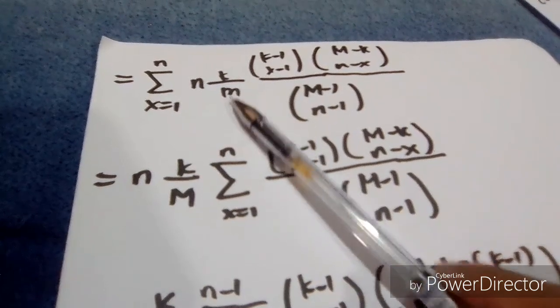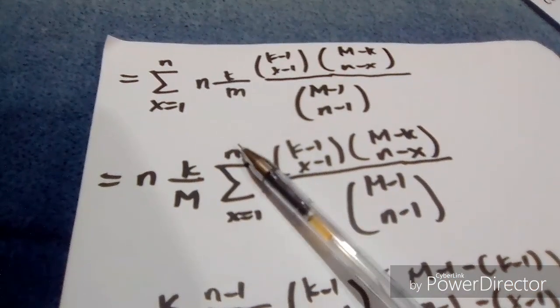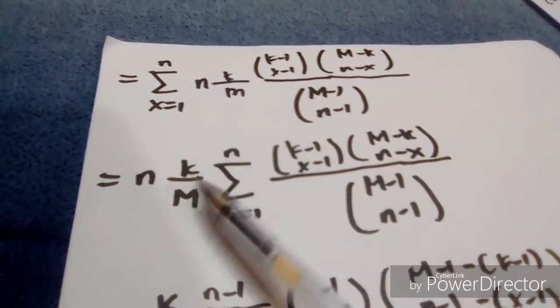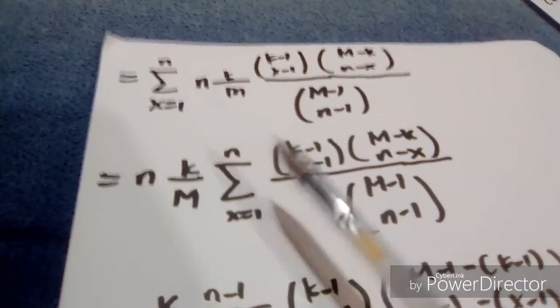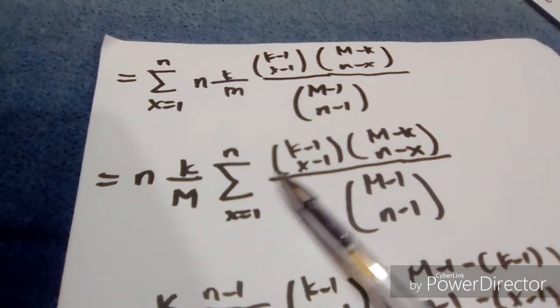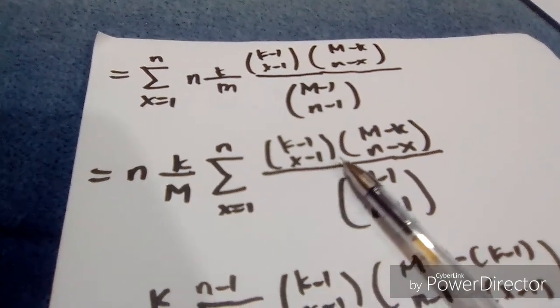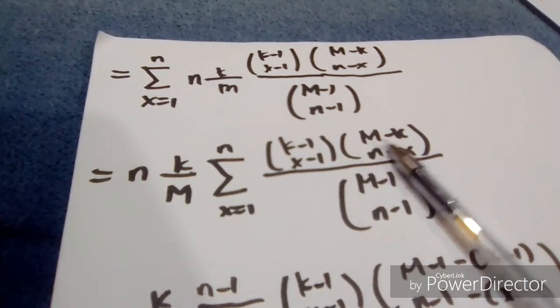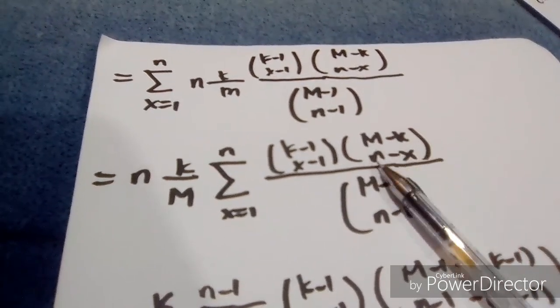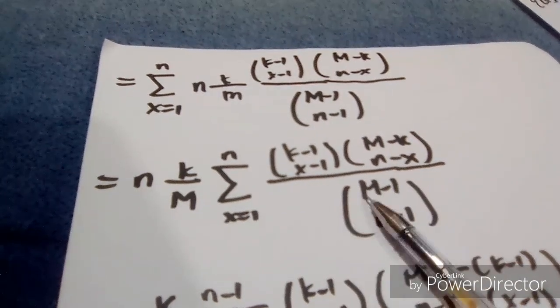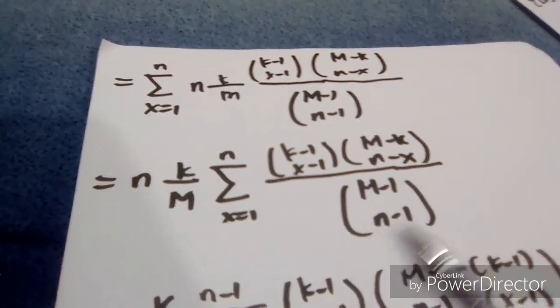Since n times k over m is a constant, we put it outside of the summation. So we have the summation of k minus 1 taken x minus 1 multiplied by m minus k taken n minus x, divided by m minus 1 taken n minus 1.